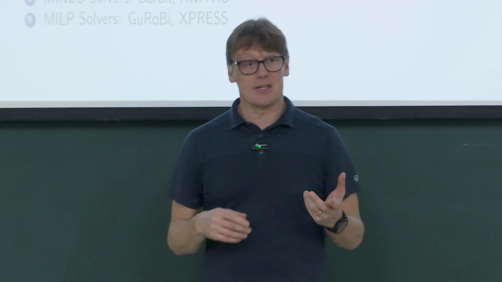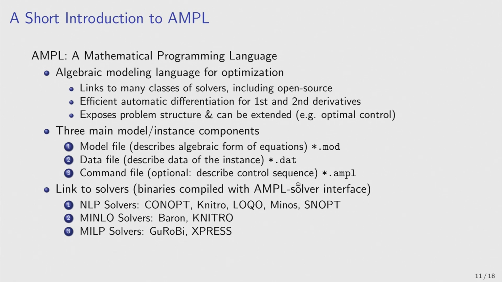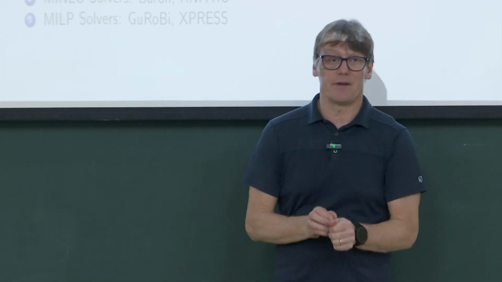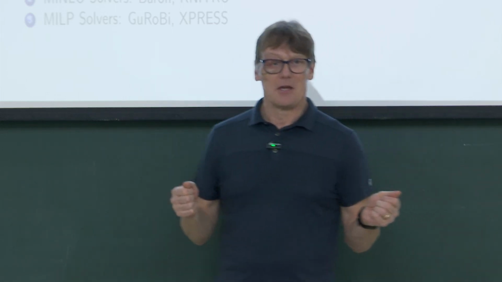Another cool thing is that you can loop. So you can solve a problem once, but you can also, for example, fix a variable, solve the remaining problem, fix the variable at another value, and solve the problem again. So you could, in principle, solve an integer optimization problem by enumerating all the integers and solving nonlinear optimization problems in AMPL.